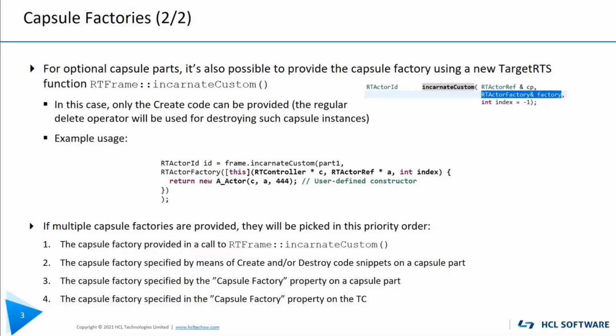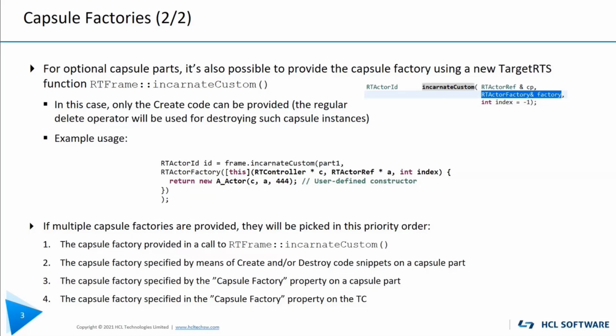So if you have capsule factories defined in many places, there is a priority order in which we will pick them. The first, or highest, priority is this incarnate custom. If that is not specified, we will look next in the create and/or destroy code snippet on the capsule part. After that, we'll look in the capsule factory property on the capsule part.